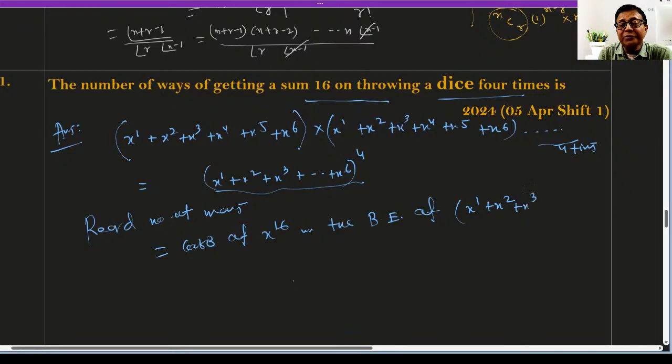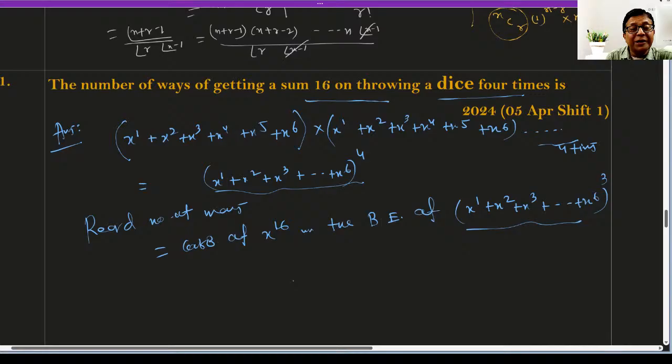After expanding, when you get x to the power 16, then the purpose is solved. So your problem is to find in this expansion the number of ways you are getting x to the power 16, or the coefficient of x to the power 16. If the coefficient of x to the power 16 is 32, then the answer will be 32.